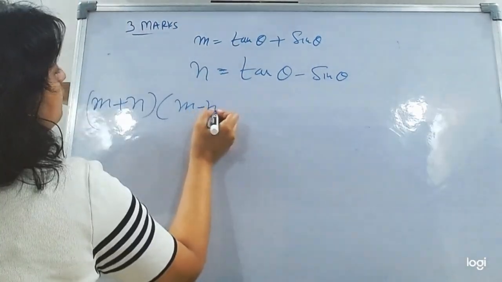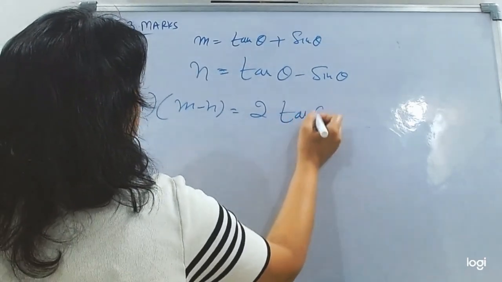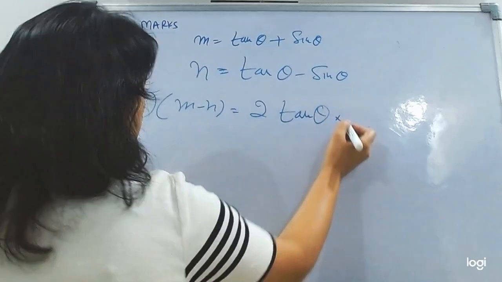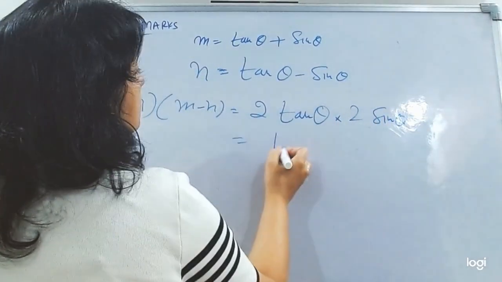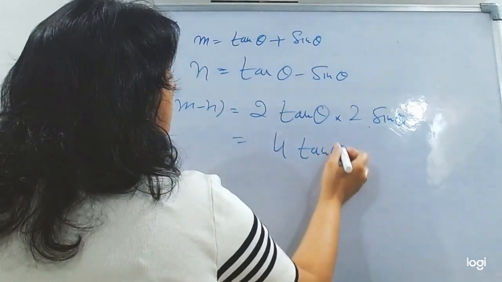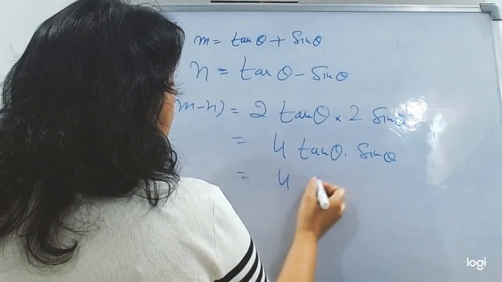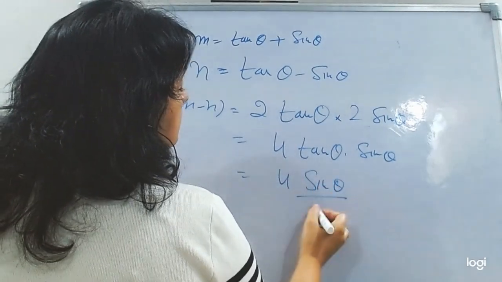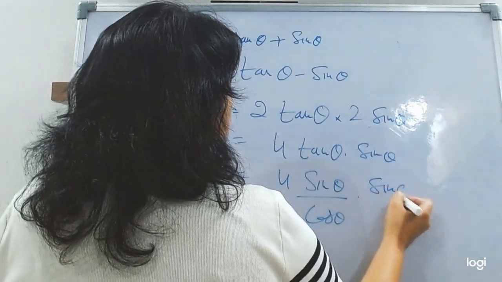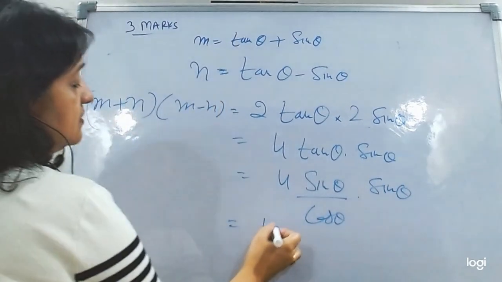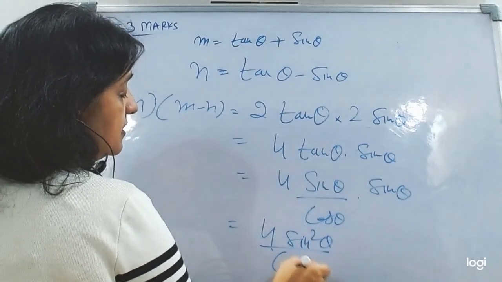So finally we are getting 2 tan theta into 2 sin theta, which is 4 tan theta sin theta, 4 sin theta by cos theta into sin theta, which is 4 sin square theta by cos theta.